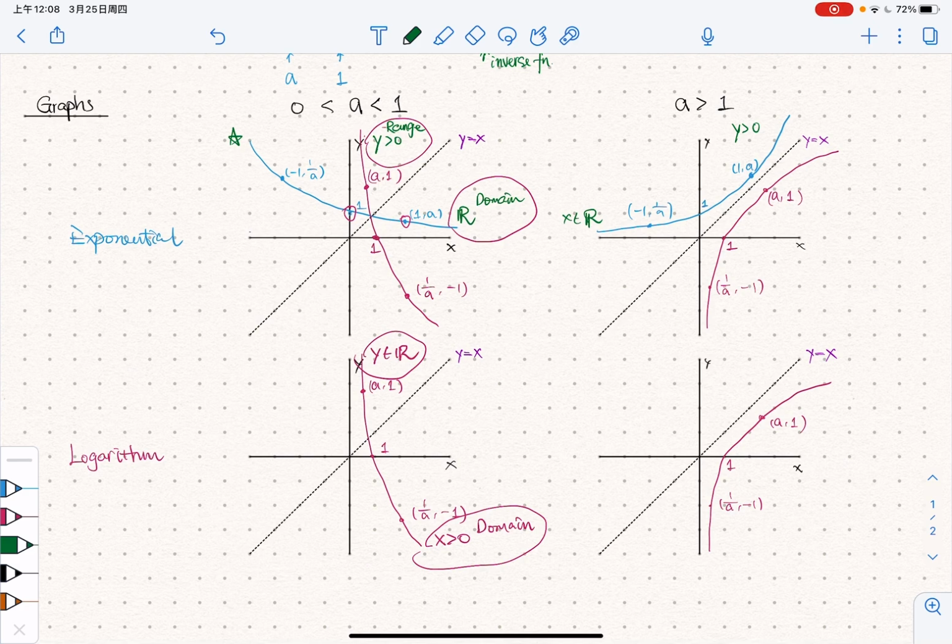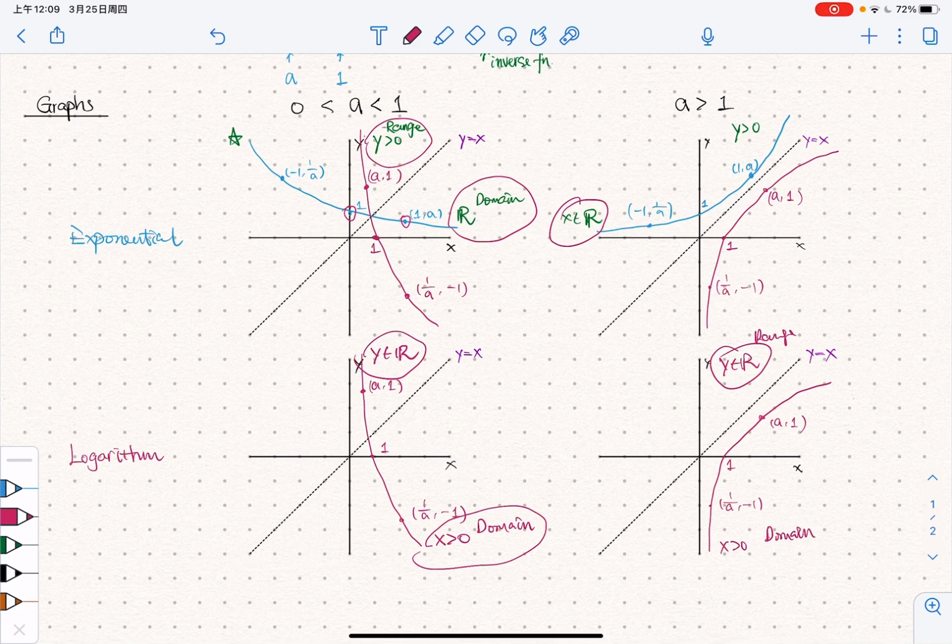And for the red line, for the log function, things are still the same. We can take everything of y in R, but we only have x larger than 0. This is the domain. This is the range. We can see that they're again flipped.